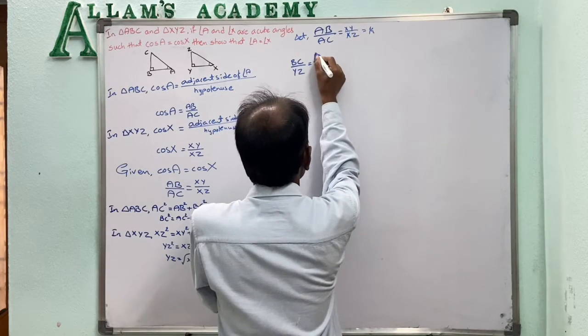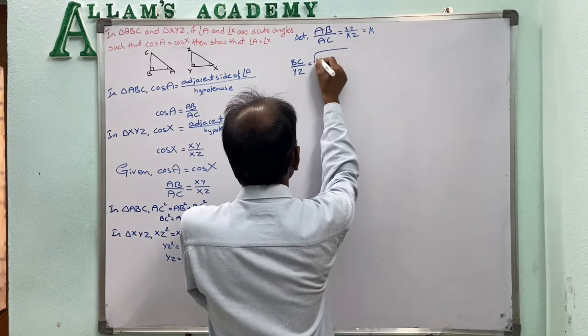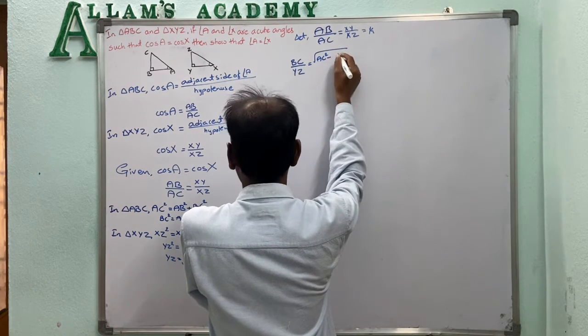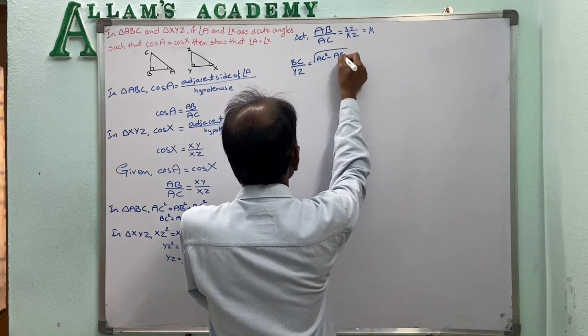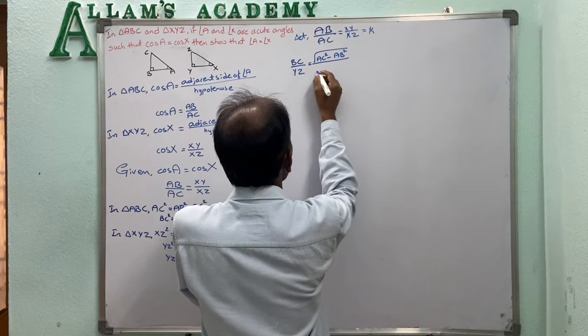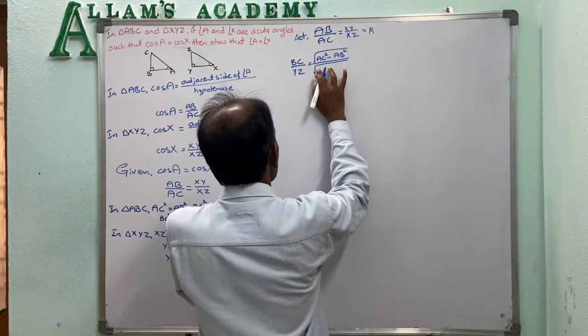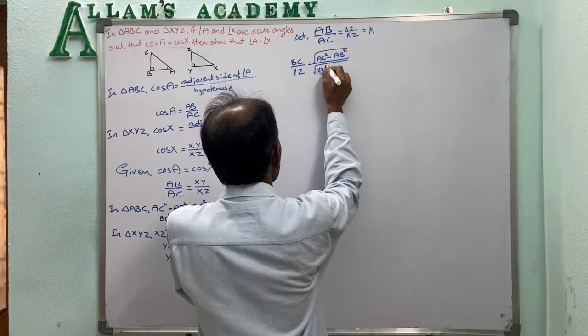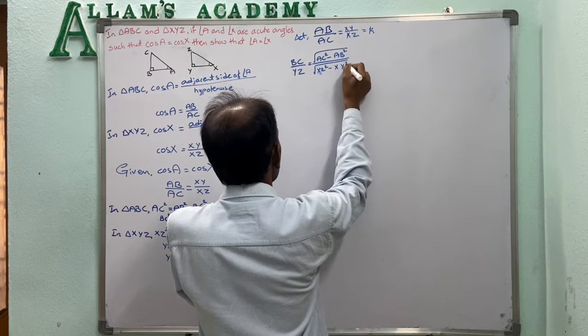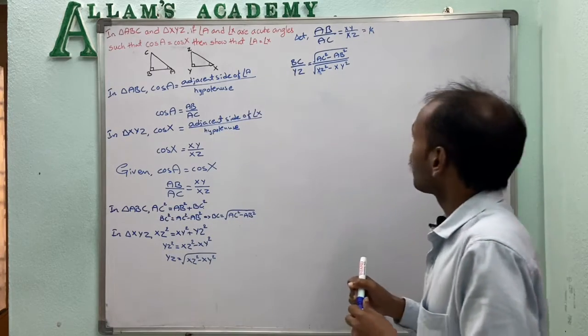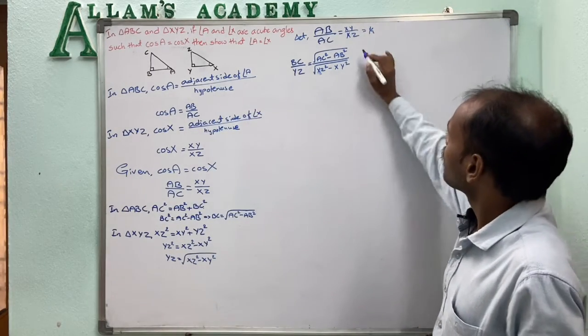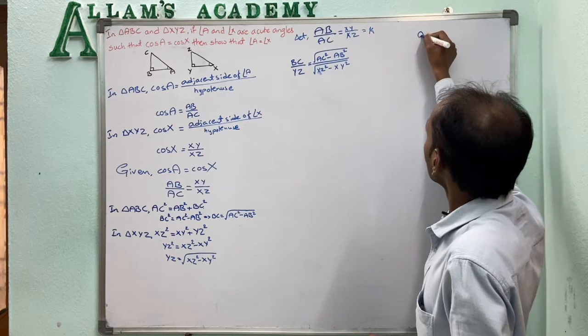So that one we write: under root AC square minus AB square by under root XZ square minus XY square.